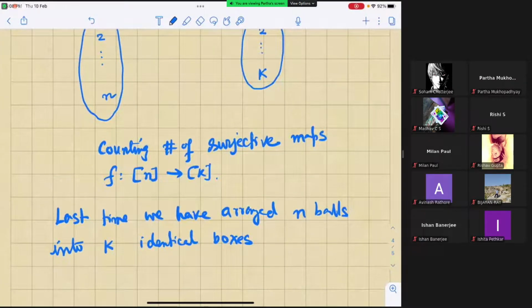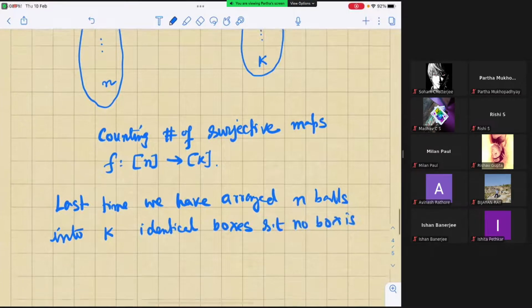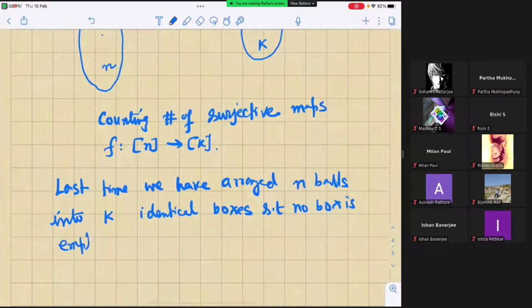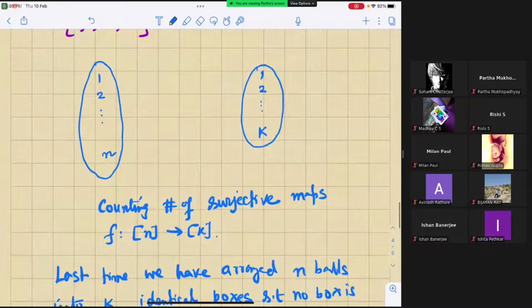I was not able to upload it in the Moodle, but I'll try to upload the notes from today. Last time we have arranged n balls into k identical boxes such that no box is empty. As two of you pointed out, how do you make it surjective? We distribute these n balls into, let's say, k identical boxes. Then we label the boxes in all possible ways, right?